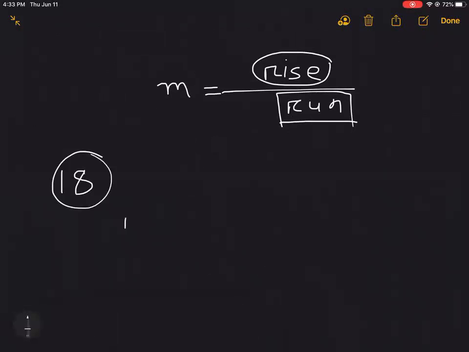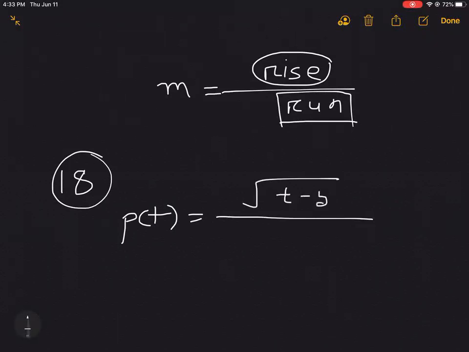So our function is p of t equals square root of t minus 5 over 2t minus 12. First of all, we know that our denominator can't be 0. And the value which makes our denominator 0, we'll avoid from our domain.